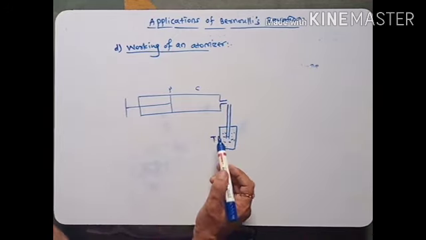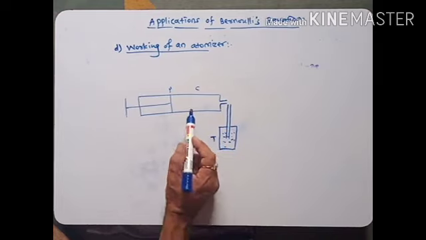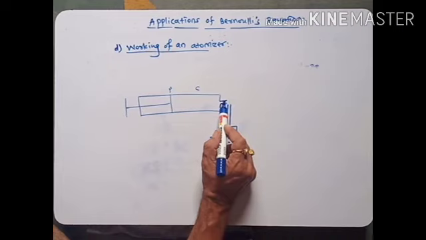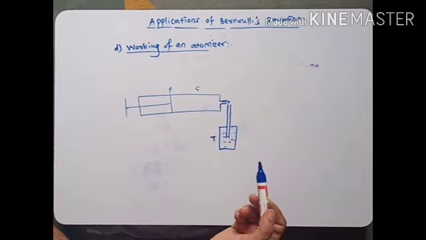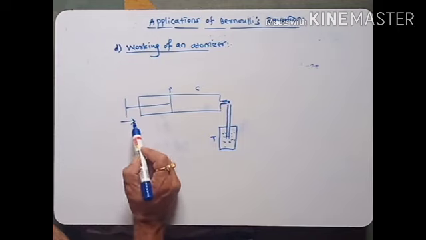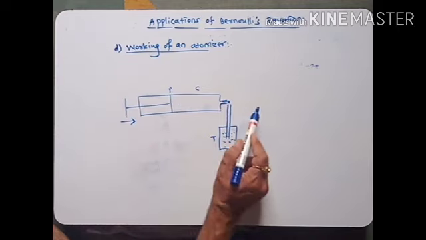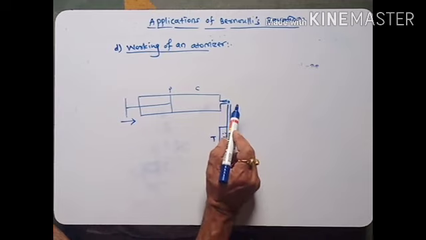The tube T is dipped in the liquid. Air is blown at high speed over the tip of this tube with the help of the piston. We press this piston in this direction, and in this cylinder the air is blown out.